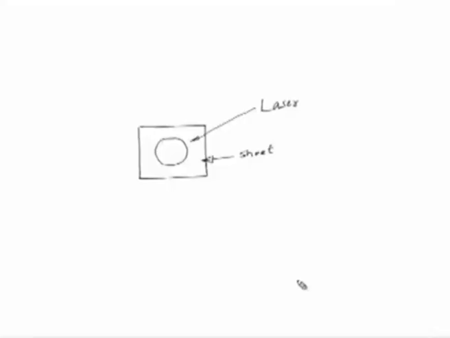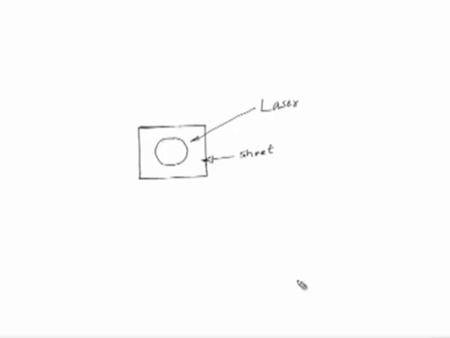So, in other processes like laminated object manufacturing processes, that also we have seen. As we have already discussed in one of the previous sessions, laser plays an important role in these processes.